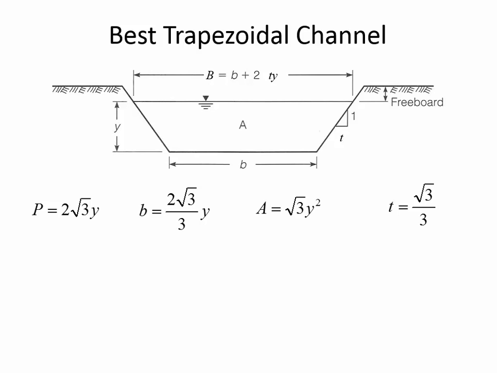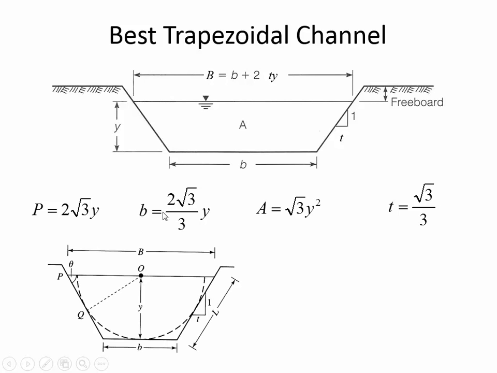You could achieve a steep side slope with concrete or with rock, but just from the dimensional standpoint, what is the channel that conveys the most flow for a given cross-sectional area? It should be a shape that has these dimensions, where the wetted perimeter is 2 root 3 times the depth, and so on.